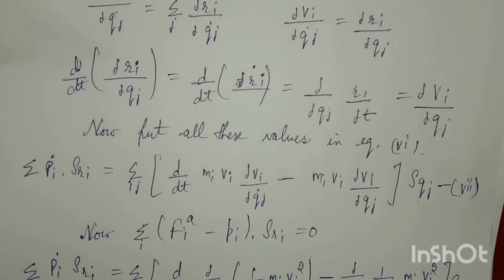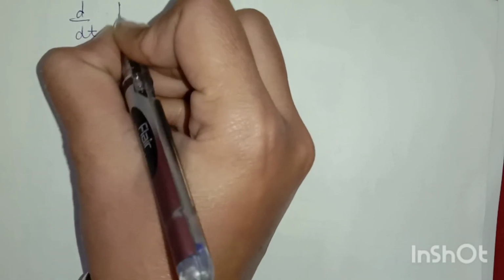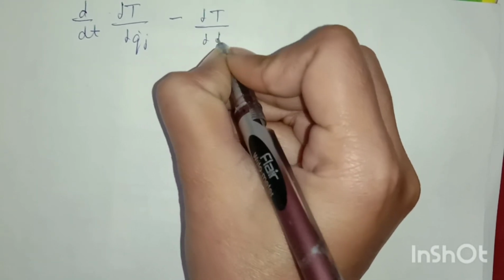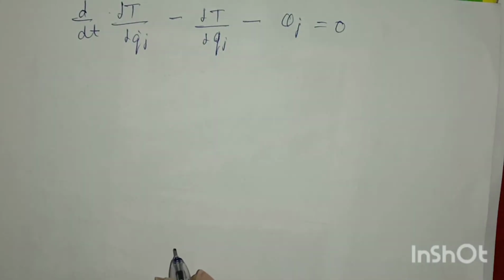We find the value of applied force and then the value of change in momentum and put them in the D'Alembert principle equation. Now we can write d/dt ∂T/∂q̇_j minus ∂T/∂q_j minus Q_j is equal to 0.